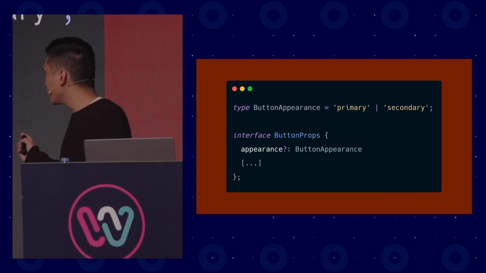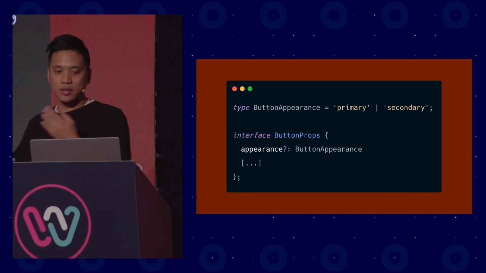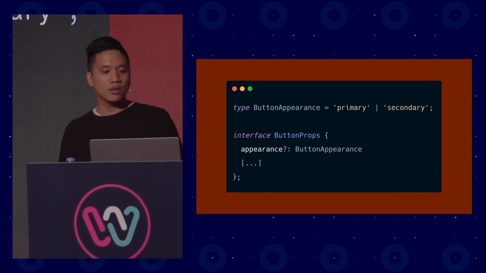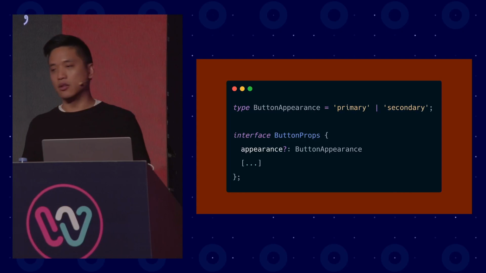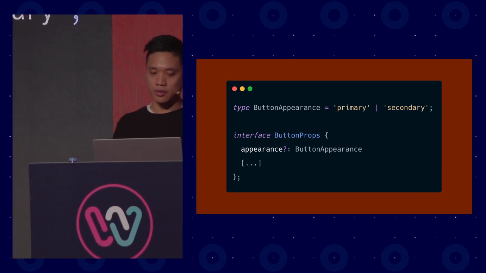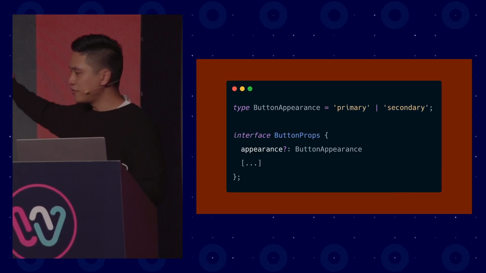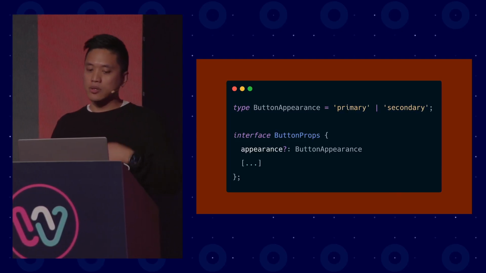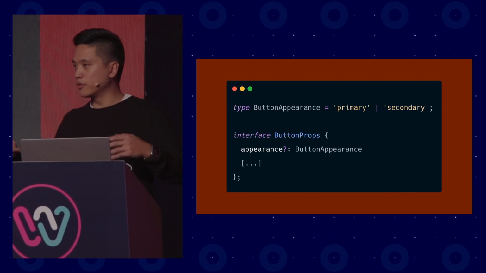Here is a quick example of a button that uses exactly the same thing as a string literal union, in this case a button with a variant of button appearances. The good thing about separating unions as a separate type, as you see here in the first line, is that it can also very easily be exported or imported from somewhere else.